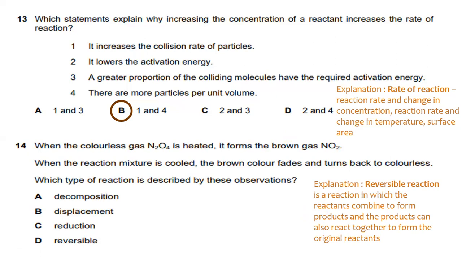A reversible reaction means a reaction in which the reactants combine to form products, and the products can also react together to form the original reactants. So in this question, the answer for number 14 should be reversible.